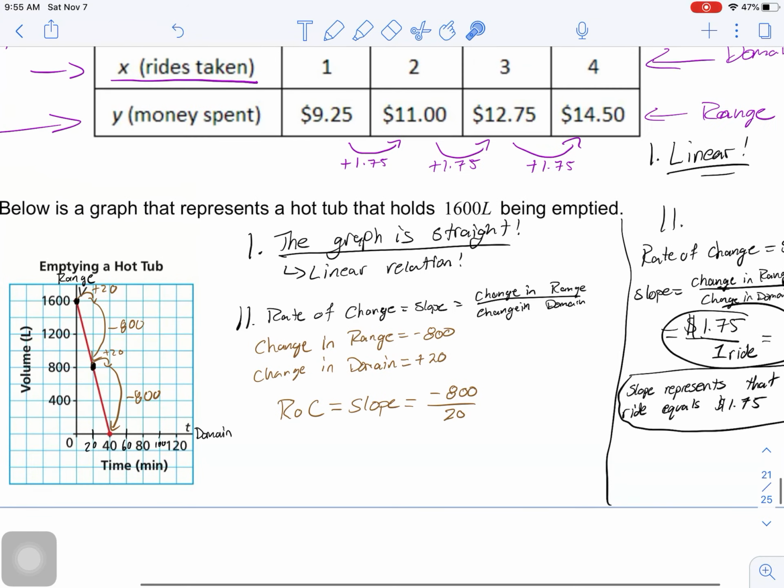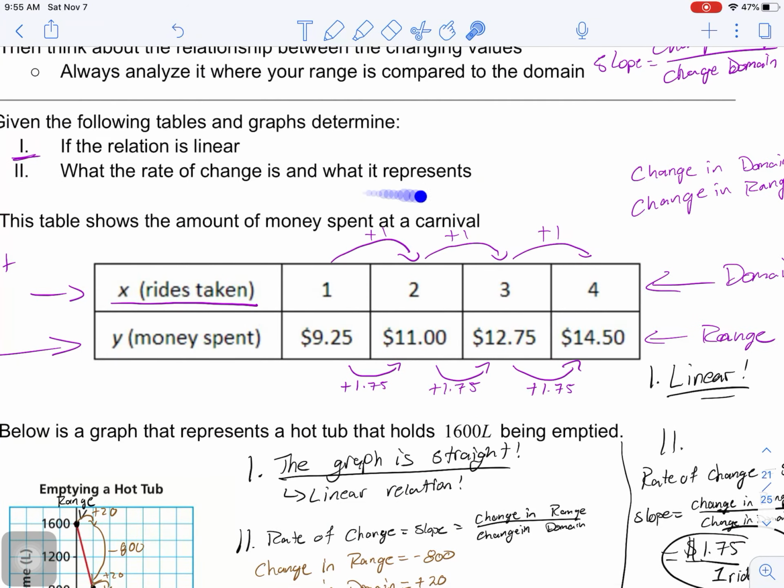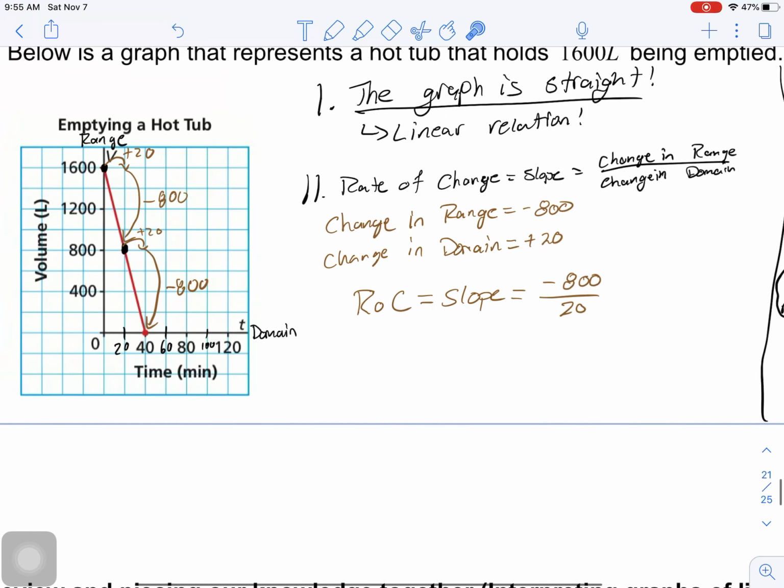Now remember, to figure out the context, to figure out what this represents, plug in your units because that can be very helpful. So here, what's our range? Well, this number is measured in liters. So liters. And then our minutes is our domain. So this is 20 minutes.